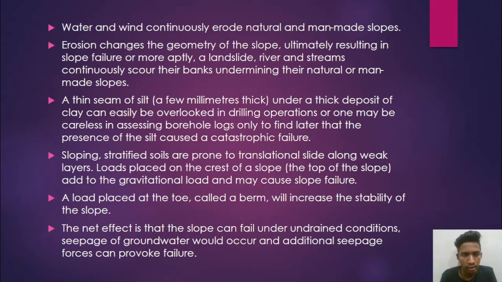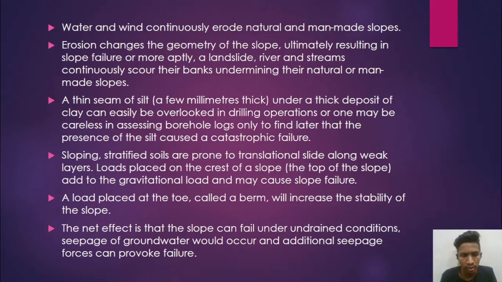A thin seam of silt under a thick deposit of clay can easily be overlooked in drilling operation, or one may be careless in assessing borehole logs only to find later that the presence of the seam caused a catastrophic failure. Sloping stratified soil are prone to translational slide along weak layers.